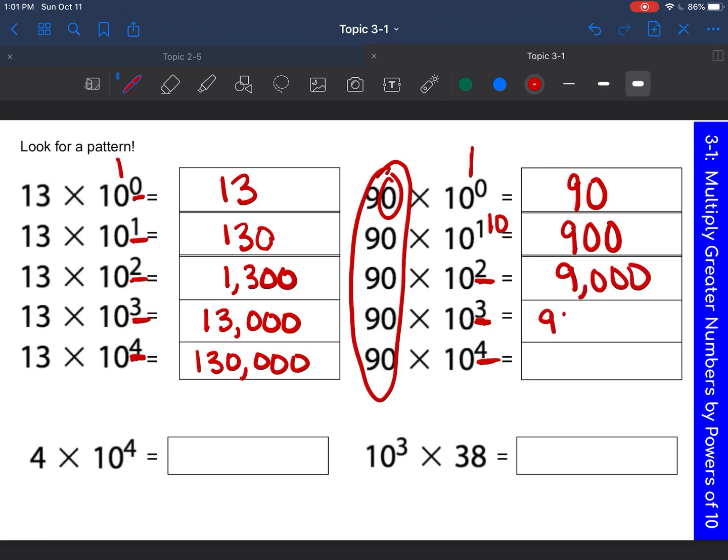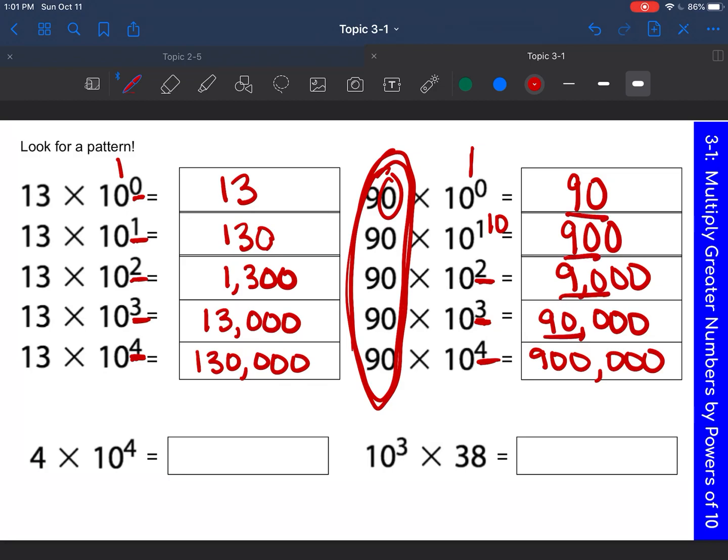So we have 9,000, then 90,000, and then 900,000. It may look like we're adding a 0 each time, but our original number already had a 0, and the extra zeros follow at the end. We're not adding double zeros.